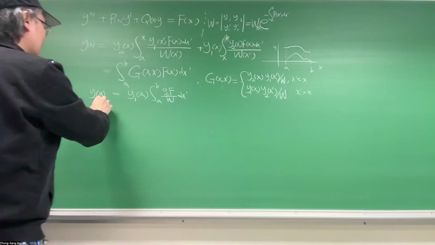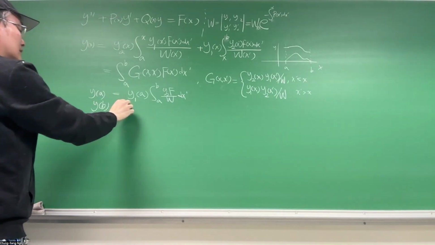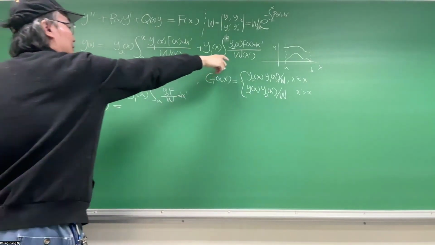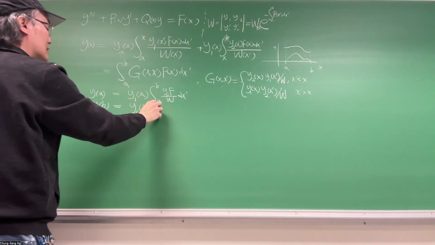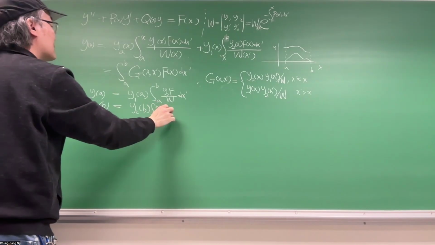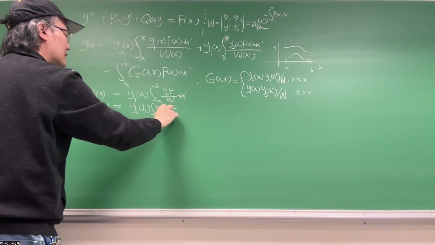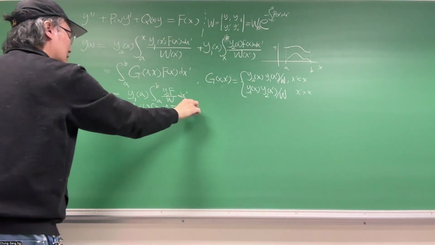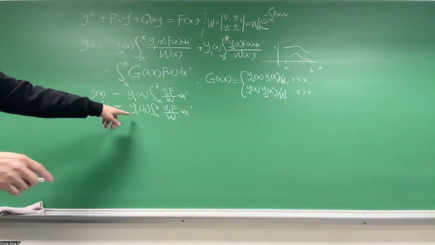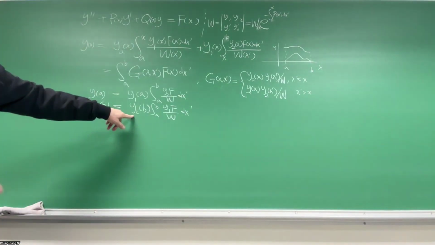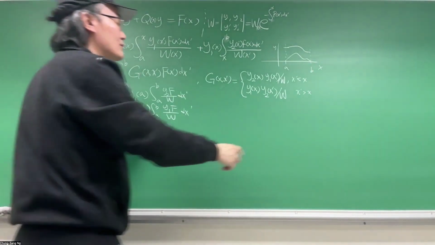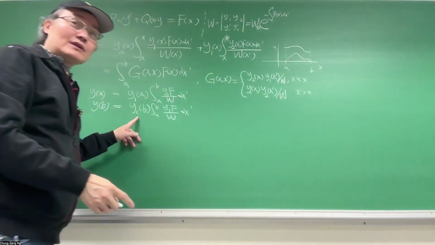And likewise, y at b, now the other way around, this will be 0, so you have y2 integrate a, b, y1, f. Right? And likewise, if the boundary condition requires y to be 0 at b, you just choose y2 so that y2 is 0 at b.